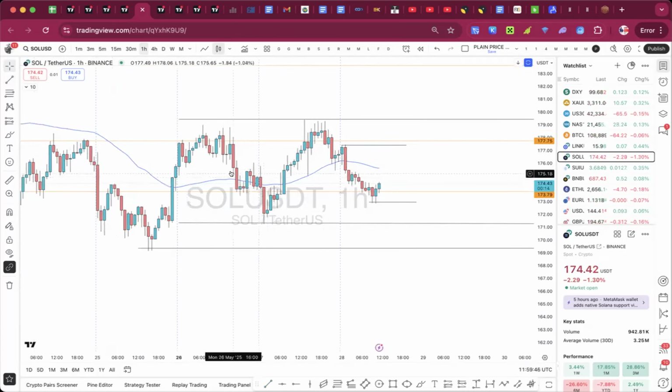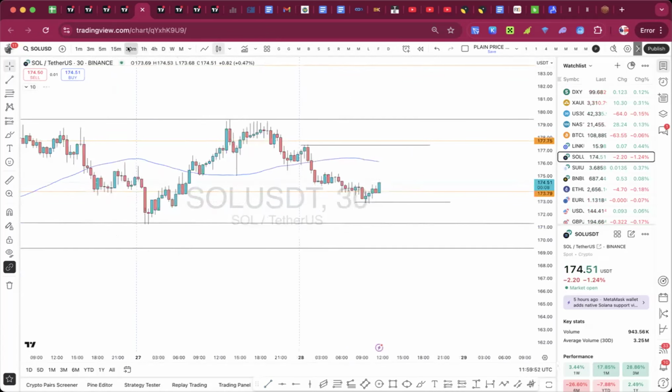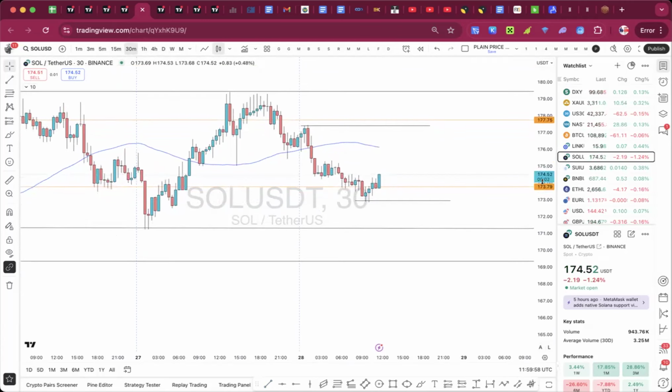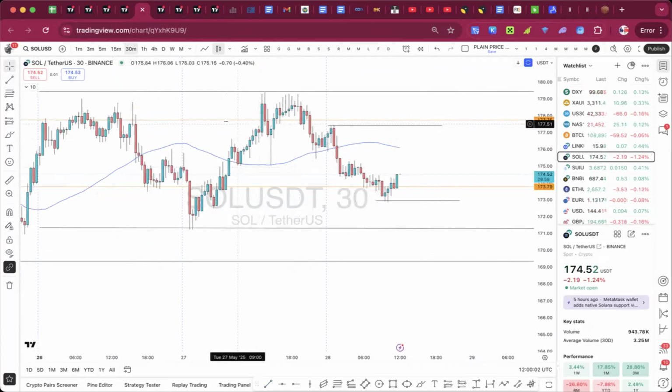The whole essence of all these points you're marking is that when the market gets there, you are not going to be reacting, but you will be responding, because you envisage a movement to happen from there. Does that make sense?